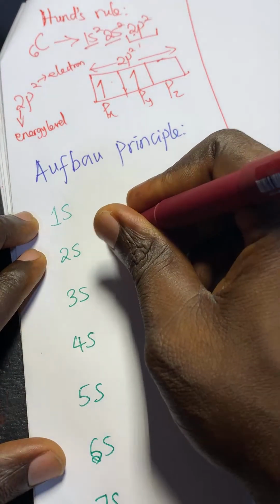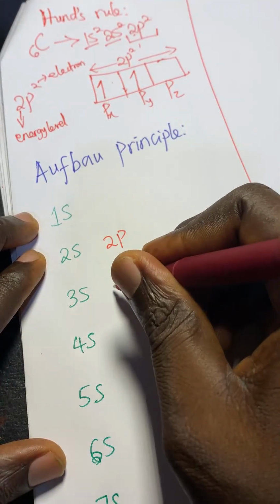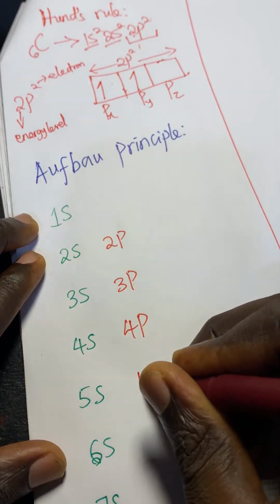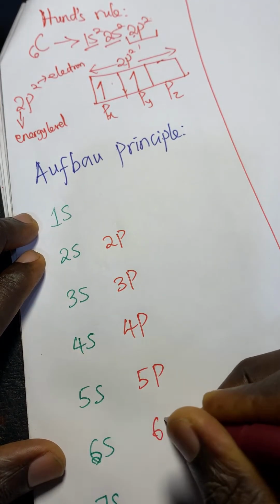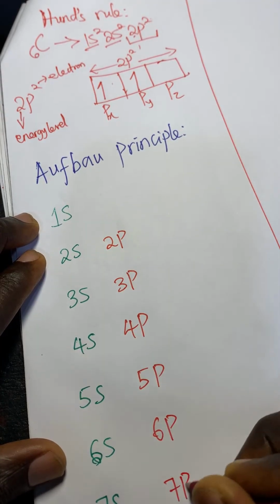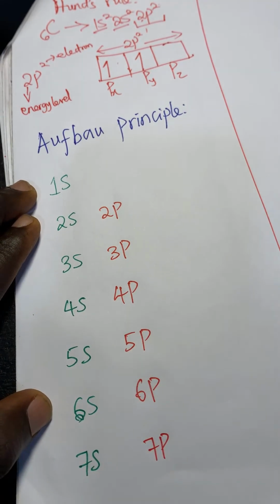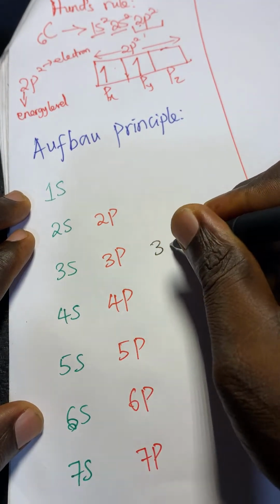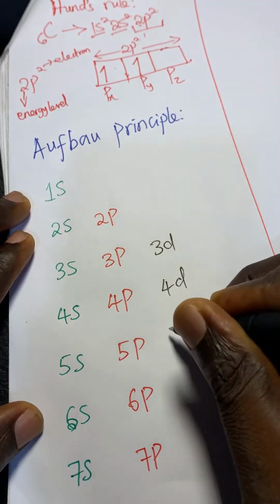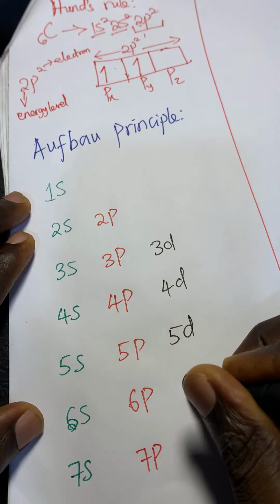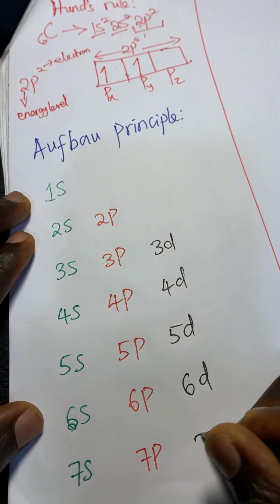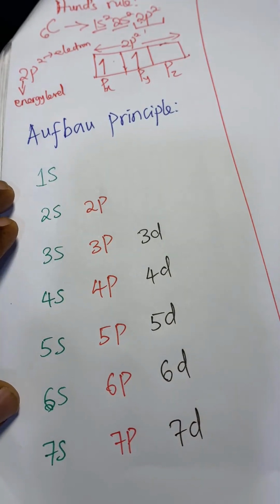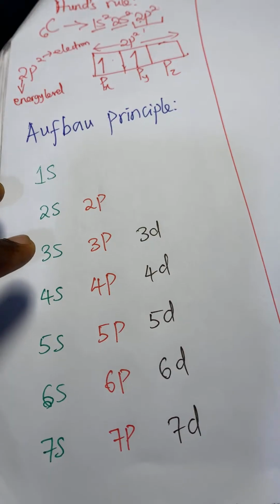We now have 2p, where the 2 stands for energy level 2, then 3p, 4p, 5p, 6p, and 7p. Pay attention. Then we go again. We have d, starting from energy level 3: 3d, 4d, 5d, 6d, and then 7d. Okay, we're going somewhere. Then what again?